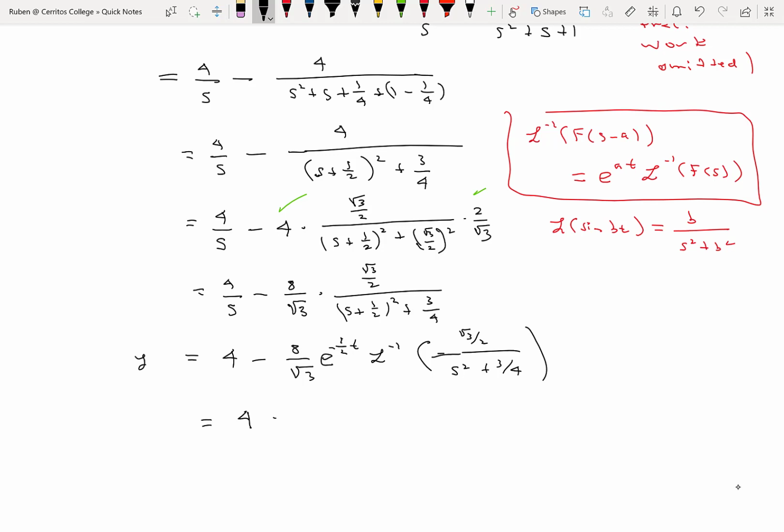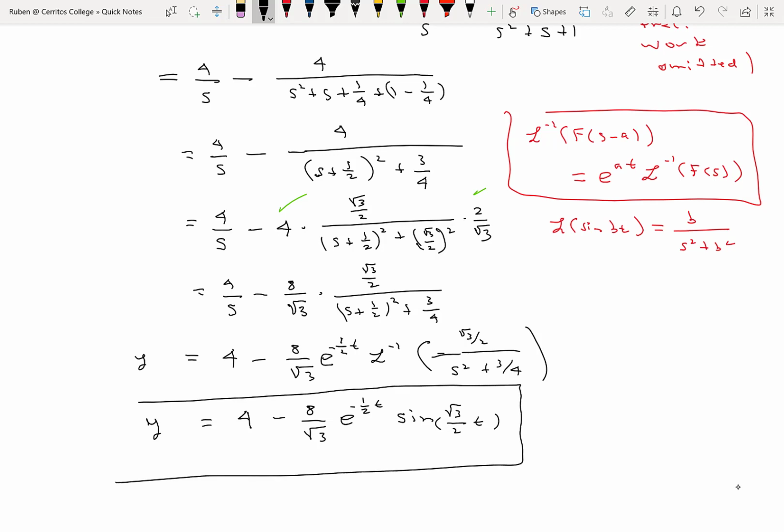This is 4 minus 8 over radical 3 e to the minus 1/2 t. This is in the perfect form for us to identify the sine of radical 3 over 2 t, and that is the solution to this Volterra integral equation.